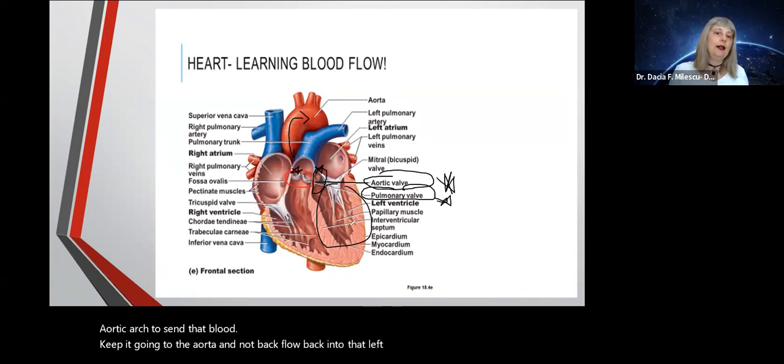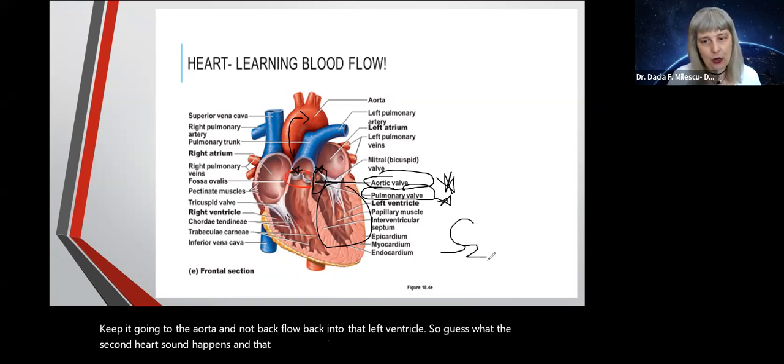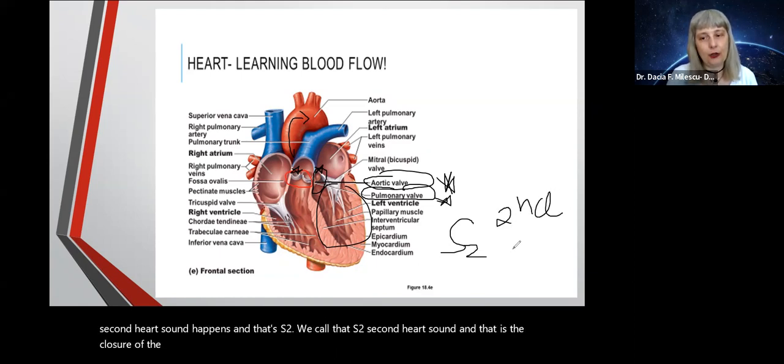So guess what? The second heart sound happens, and that's S2. We call that S2, second heart sound, and that is the closure of the semilunar valves. Semilunar valves, because they look like half moons, are the aortic and pulmonary valves.